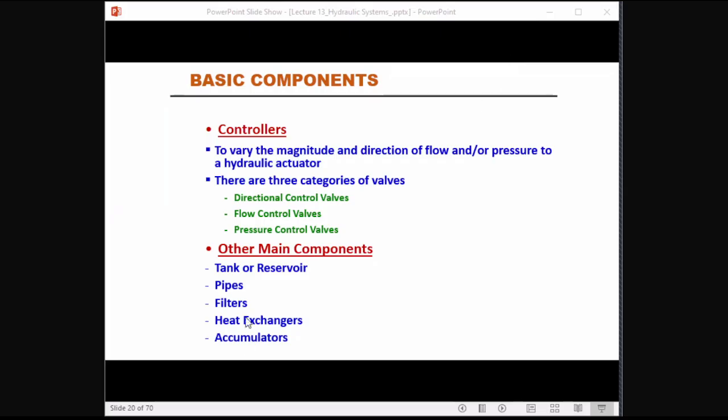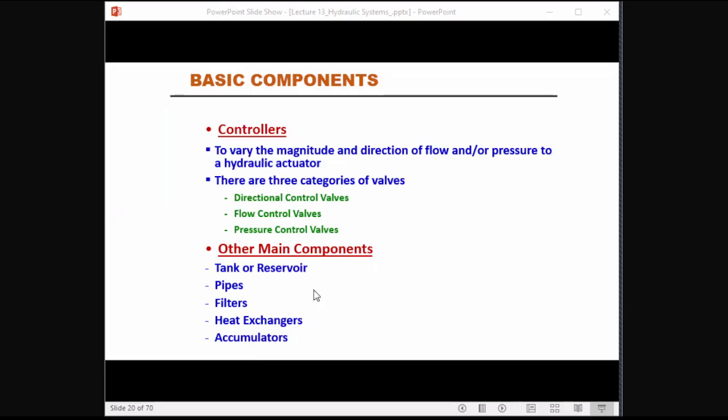Okay, you can check. I will ask next day about heat exchanger. Okay, then accumulator. These are the other main components.